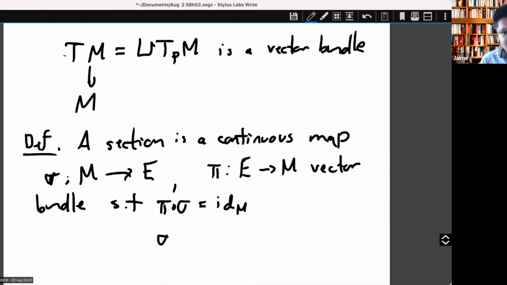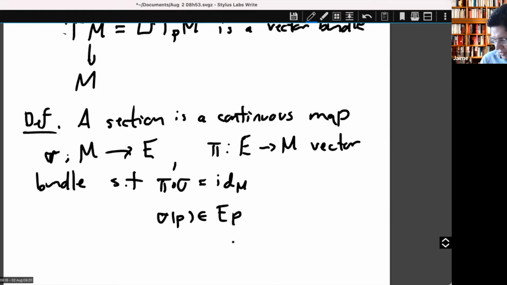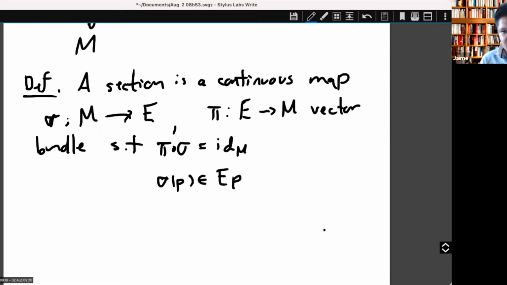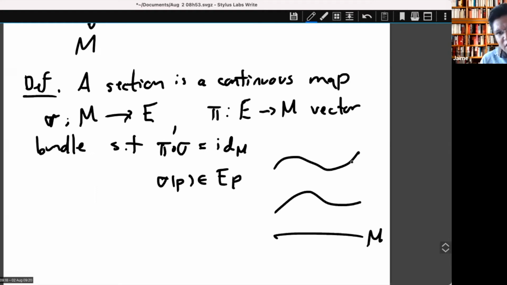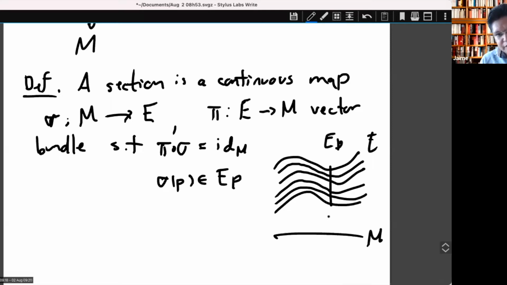What that means is that sigma p is actually in EP, right? So the picture everybody draws is the following, right? You have M here, and you have your vector bundle moving here. So this is EP, right? This is pi. So a section is one of these semi-horizontal lines there, right?